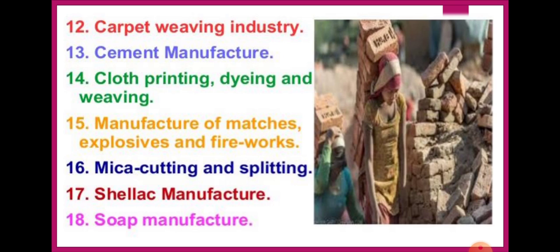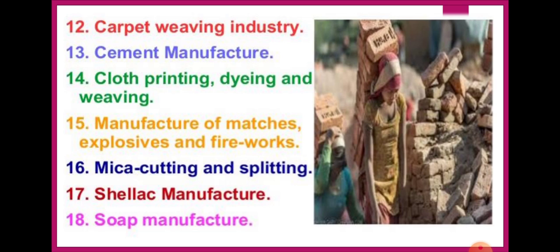The government amended the 1986 act in 2006 because people were not following it strictly. So some strict amendments were made in the 2006 act, and it made employing children a punishable offence. That means child labor is a punishable offence in India after 2006.